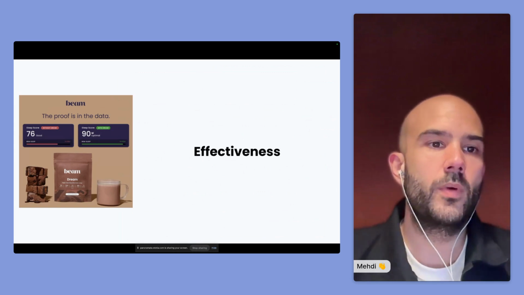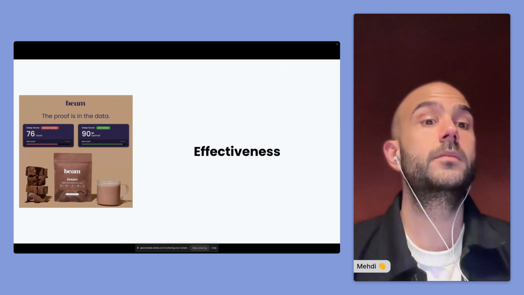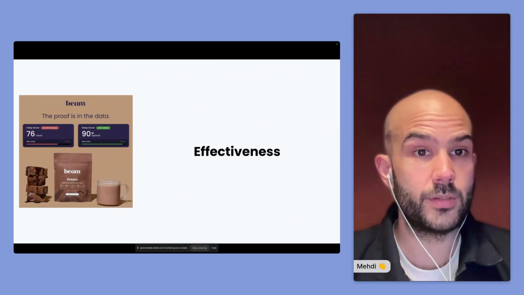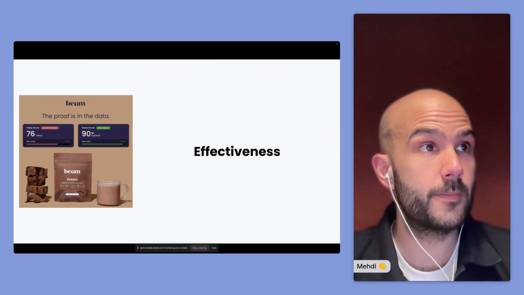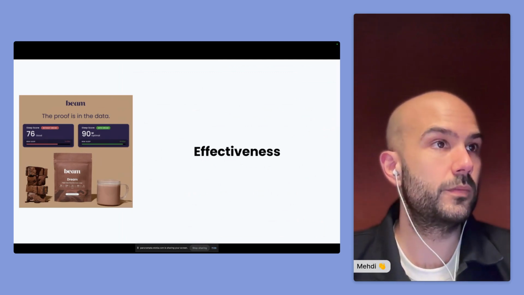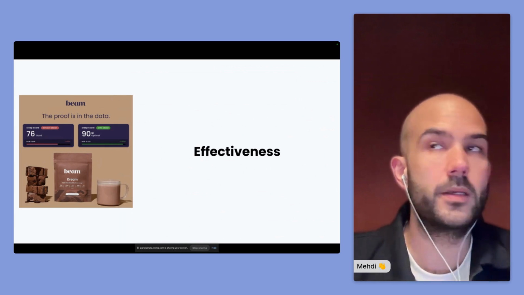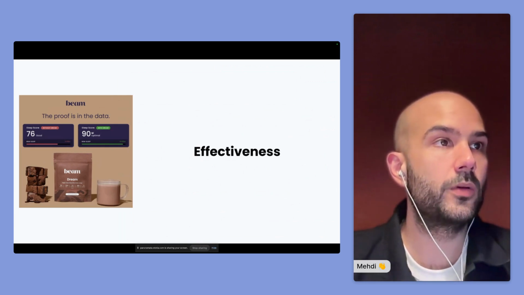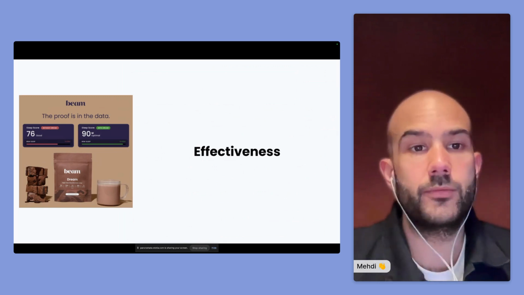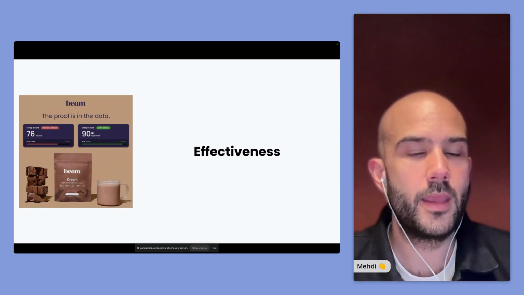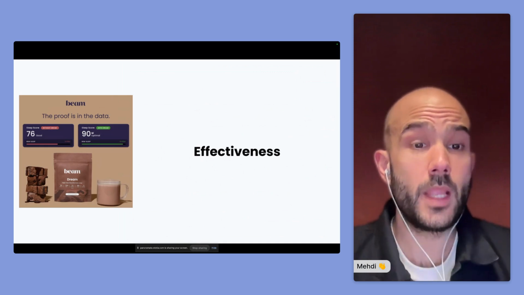This one comes well when you can add numbers. It can be actually any kind of number. The minute that you're trying to explain that it works, then you need to put numbers. It could be a percentage of success. It could be a clinical study. It could be whatever kind of number you'd like. Here, for instance, the numbers don't relate to pretty much anything related to the product.